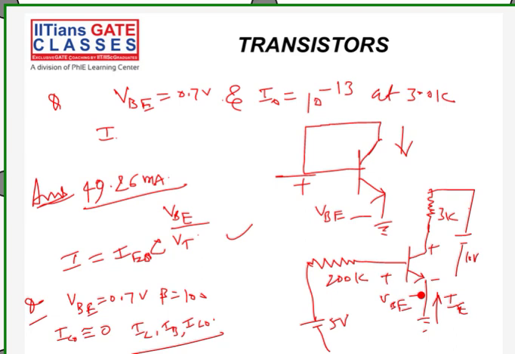So they only want this calculation. They want what? IC, IB and ICO.